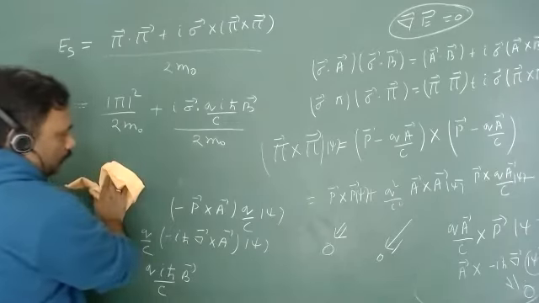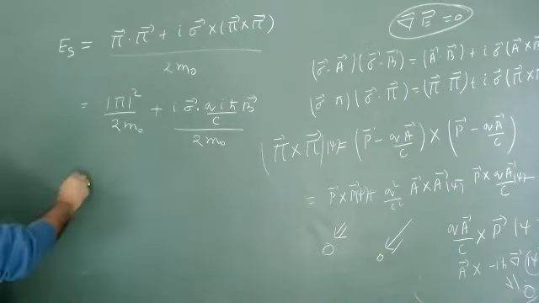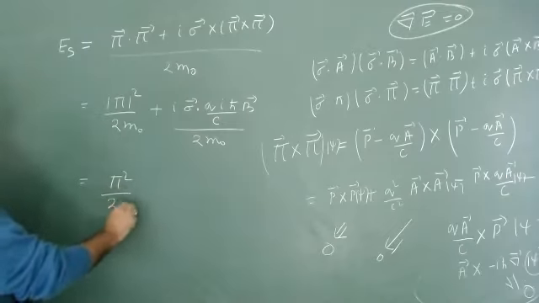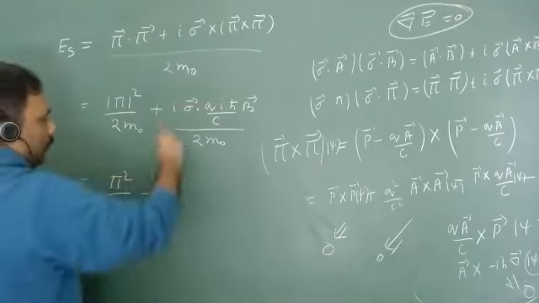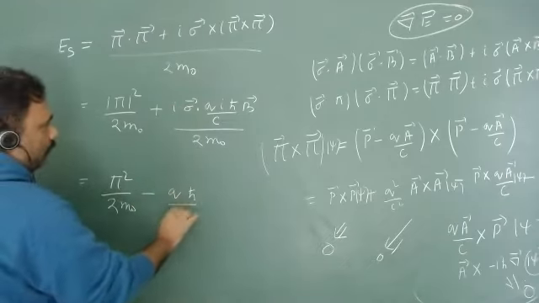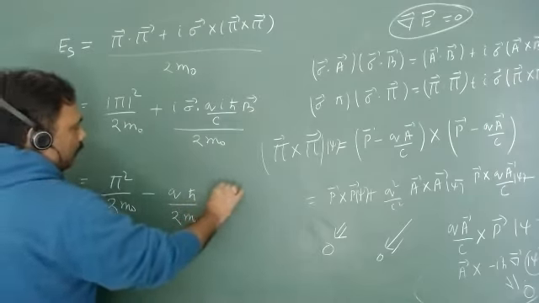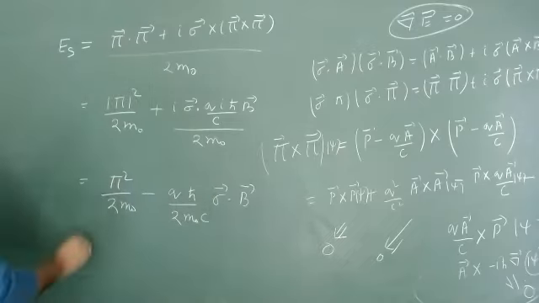If you look closely at this, you have pi squared upon 2m, and i dot i is minus one. We take all the values: q h-cut upon 2m naught c, and here is sigma dot B. And what is this pi?